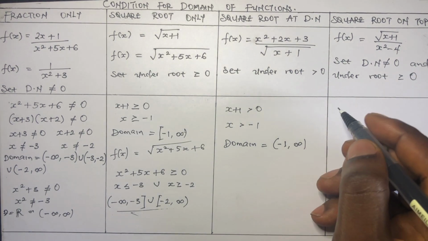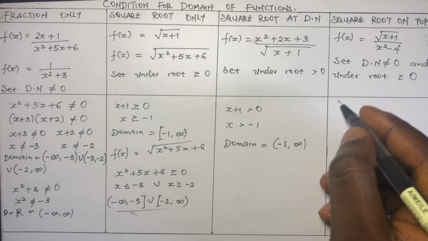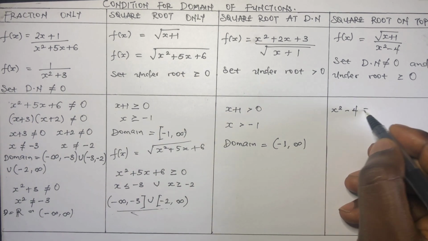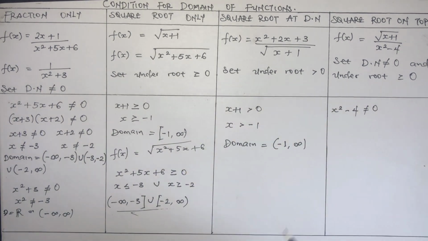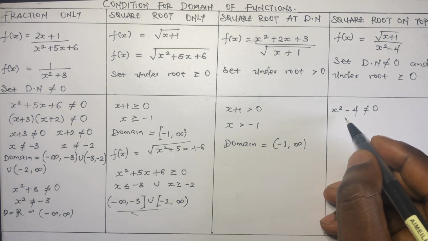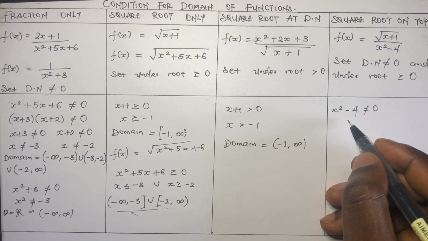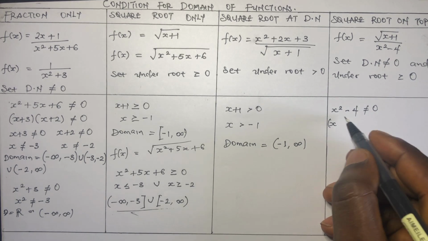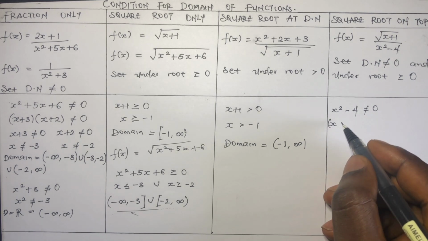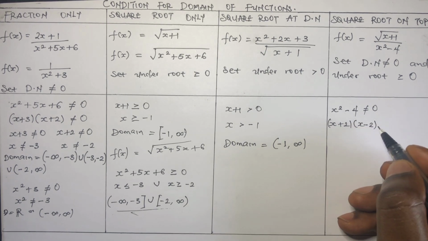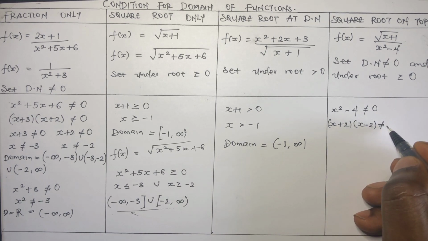So let's take the first condition, where the denominator x squared minus 4 should not be equal to 0. If you take a good look at this, you understand that what we have here is factorizable. Our factors from x squared minus 4 are x plus 2 and x minus 2, which should not be equal to 0.